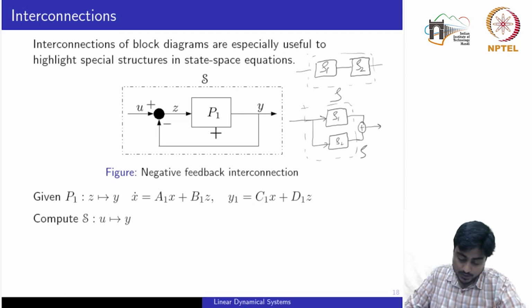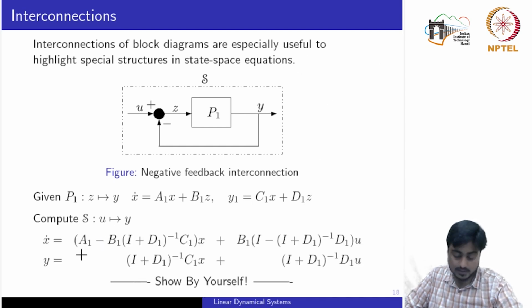Now we need to compute the S, which is the mapping from U to Y. So solving this state space representation, we finally obtain this state space representation of the entire system. Now we won't be discussing in detail how we have obtained these.